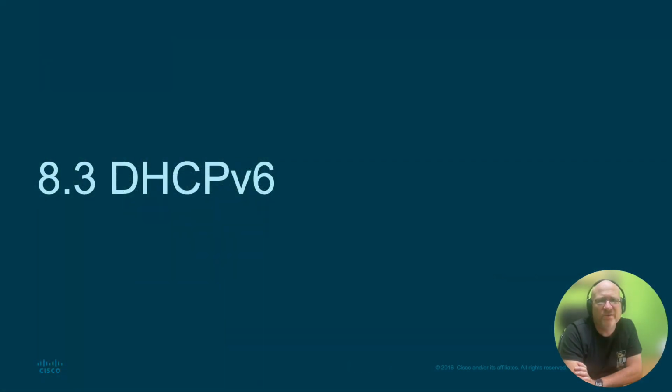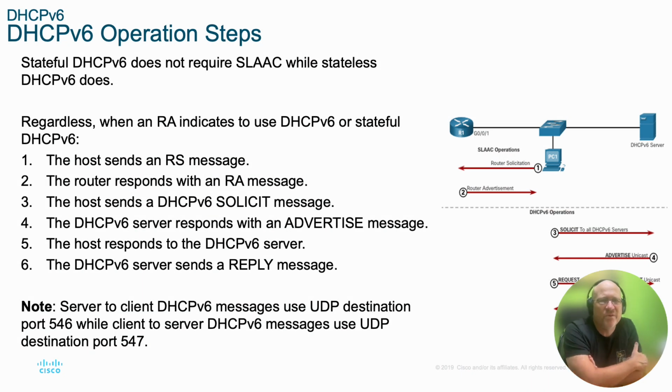So DHCPv6: you can see the language changes from v4, but the principle is almost exactly the same. It starts with a router solicitation, it responds with a router advertisement, then it sends out a solicit message, then there is an advertise, then there is a request, and then there is a reply.